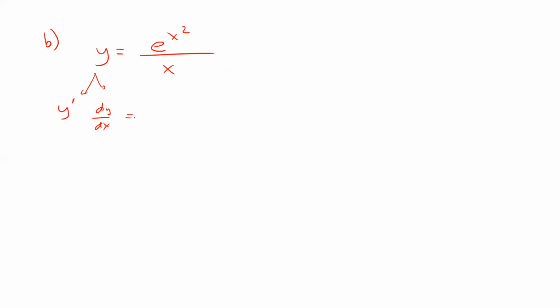All right, and then off to the side, I'm going to put my quotient rule derivative. It'll be the derivative of the first times the second, minus the derivative of the second times the first, divided by the second squared. So if you want to write down the formula, it should almost become second nature eventually to you guys. Okay, so let's take the derivative here.